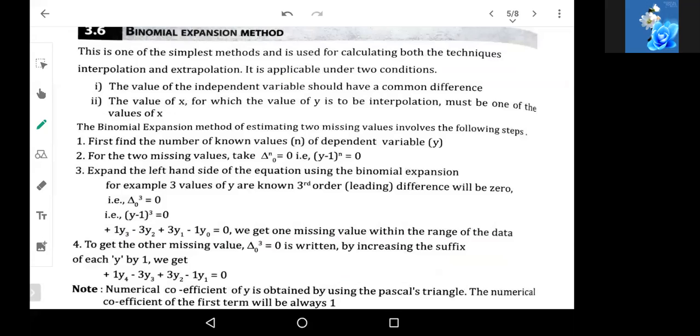Now, if you see the first point there, the value of the independent variable should have a common difference. So that is one of the conditions. And the second condition is the value of x for which the value of y is to be interpolated must be one of the values of x.